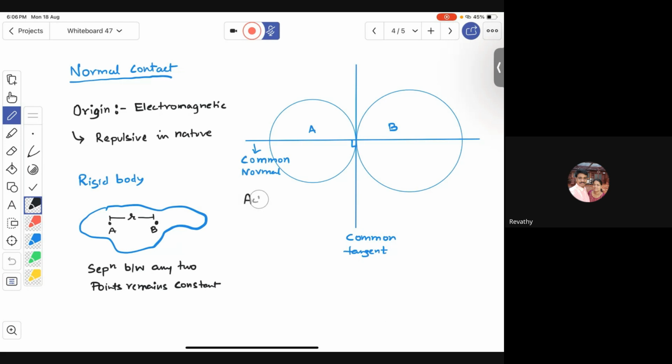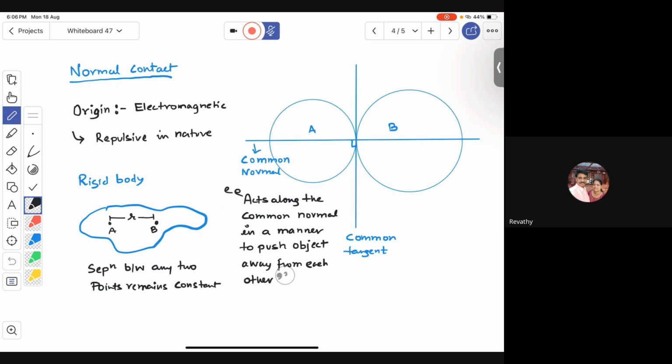It acts along the common normal in a manner to push the objects away from each other, the ones which are in contact.